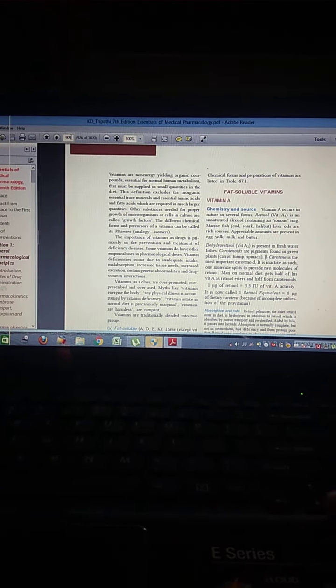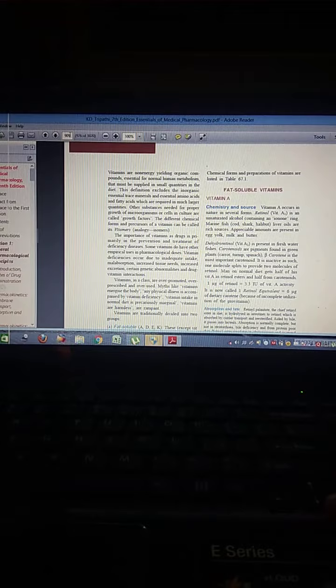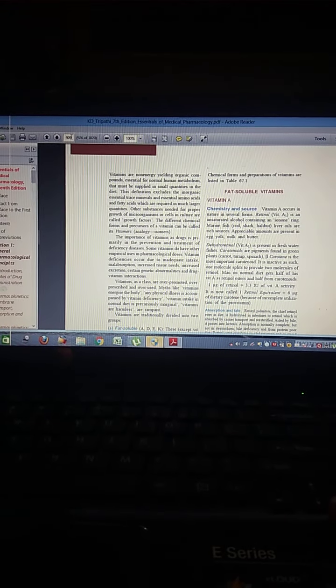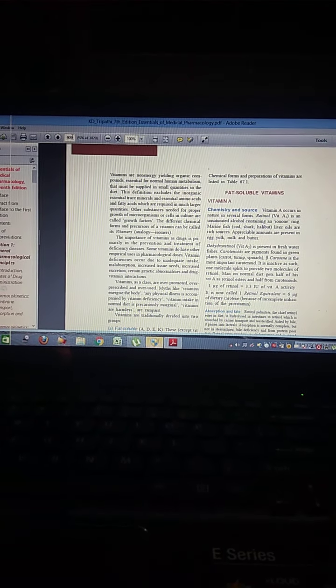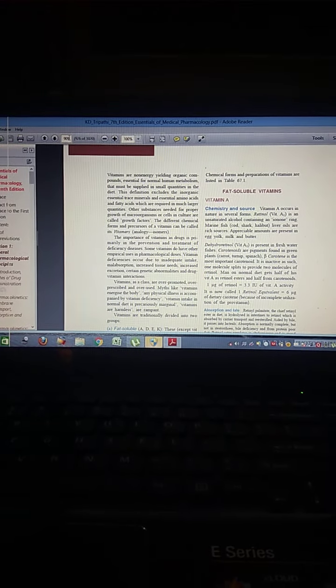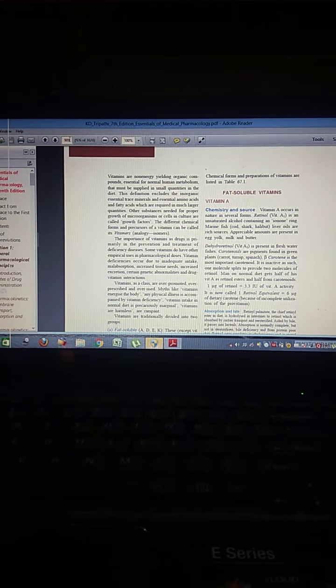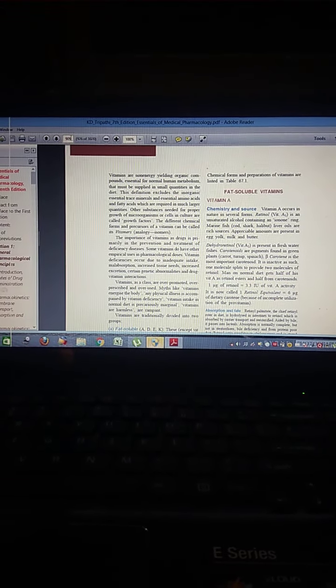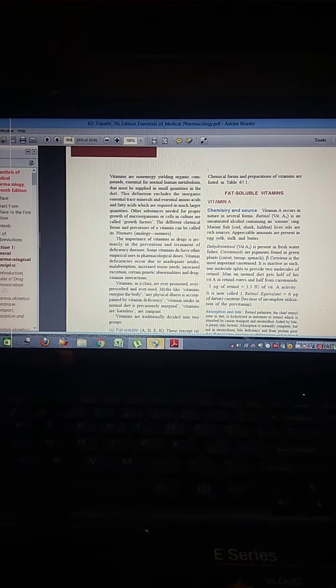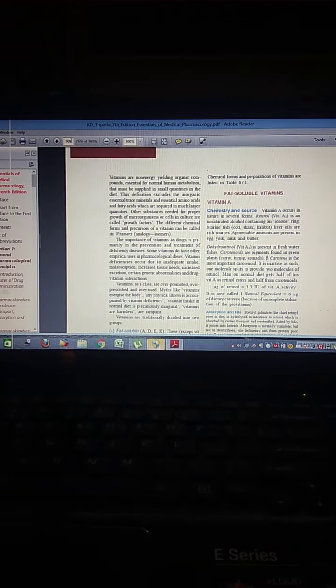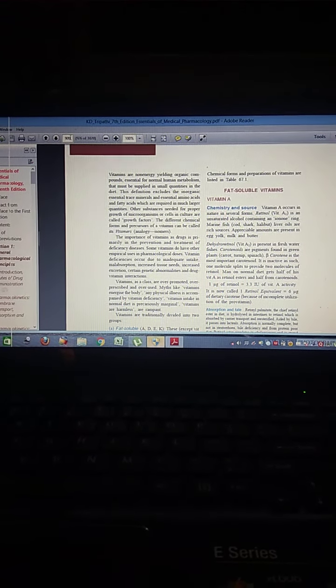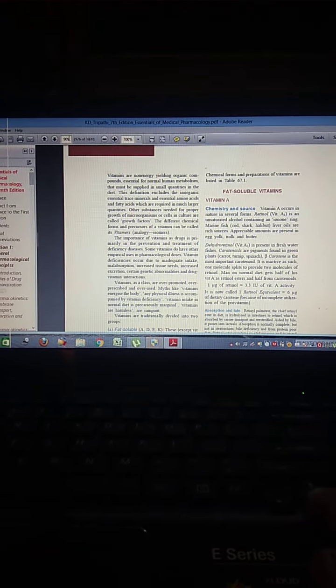Myths like vitamins energize the body, any physical illness is accompanied by vitamin deficiency, vitamin intake in a normal diet is precariously marginal, and vitamins are harmless are rampant.